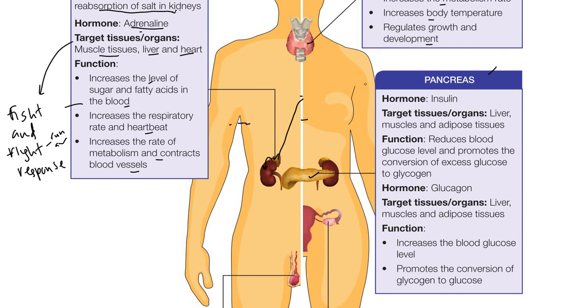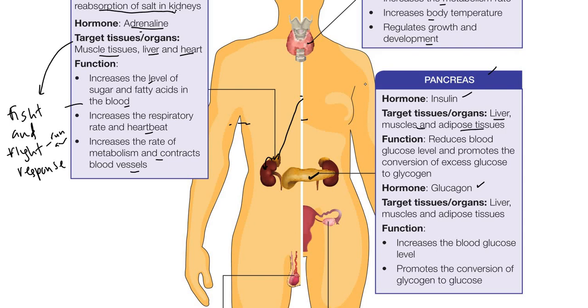In the digestive system, the pancreas secretes pancreatic juice that contains the enzymes trypsin, pancreatic amylase, and lipase. But in the endocrine system, it secretes two hormones, insulin and glucagon. So where is the pancreas? This one is the pancreas. The target tissues or organs are the liver, muscles, and adipose tissue.